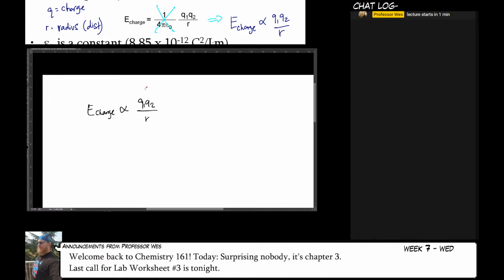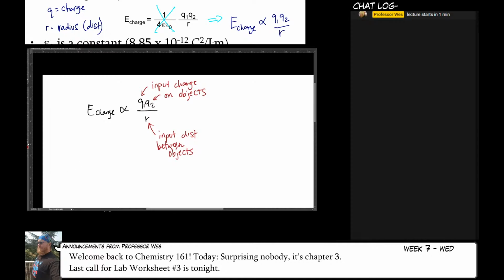What we can do is for each of these Q's, we can just substitute in whatever the charge is that we're looking at on our objects. And then R is just the distance between them.